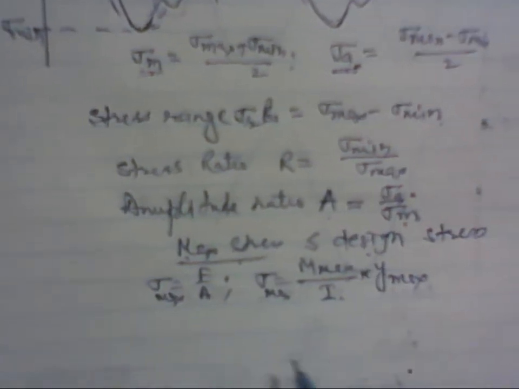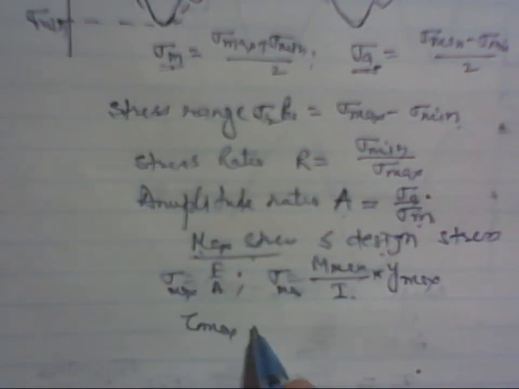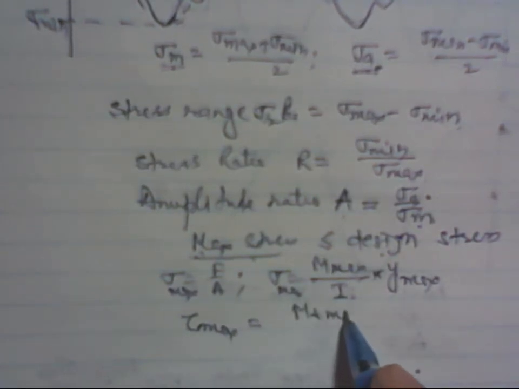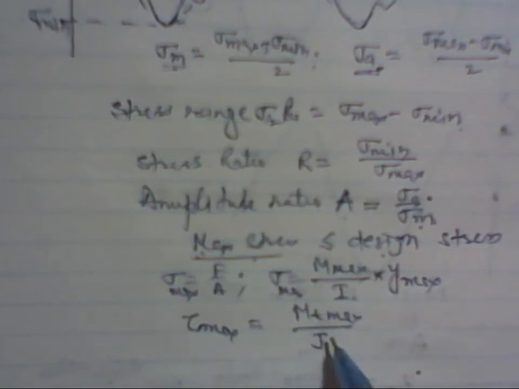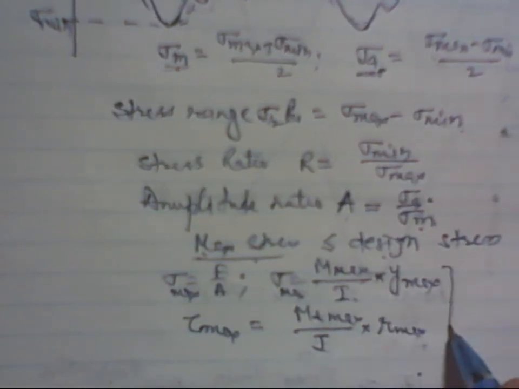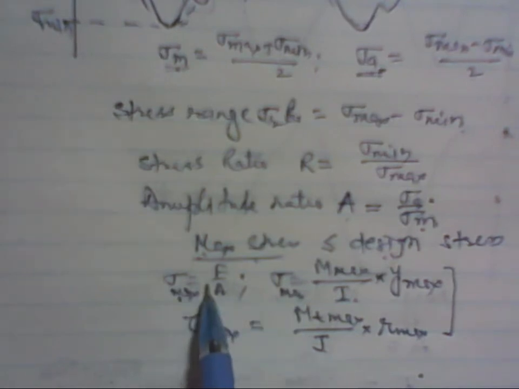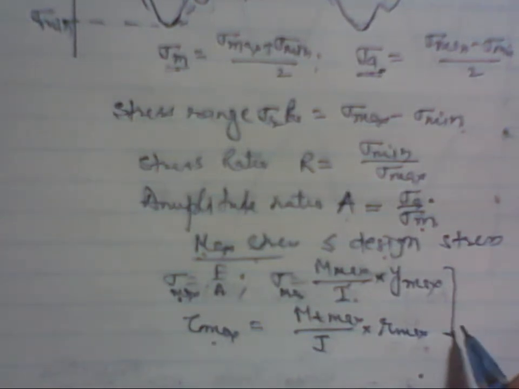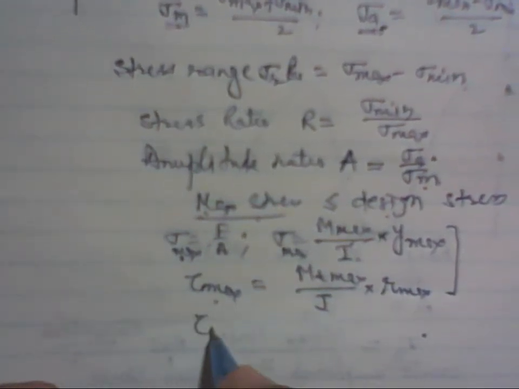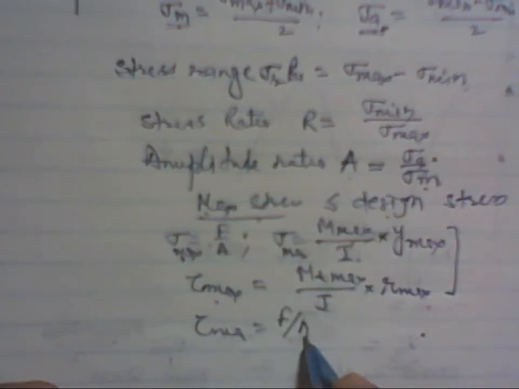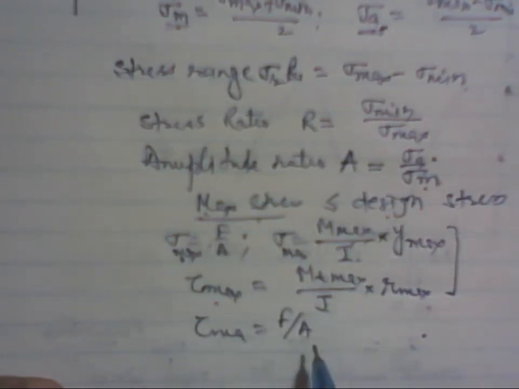Likewise, if it is shear stress, we can find out tau maximum, that is equal to T maximum divided by J into R maximum. So this is how we can find out the value of sigma maximum for axial load and bending load, and tau maximum for twisting moment, or sometimes tau maximum can also be obtained by simple F by A if it is only in-plane shear stress.